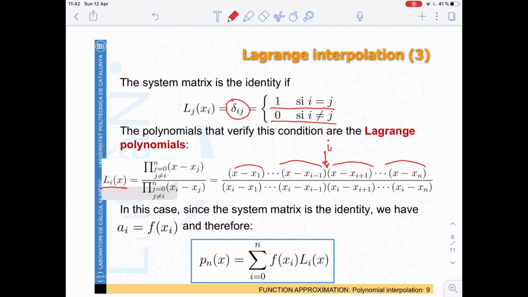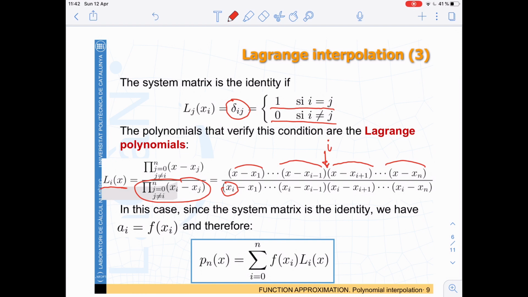In the denominator, we simply put a scaling factor, which is the polynomial on top evaluated at xi. This makes sure of the 1 in the diagonal of the matrix.